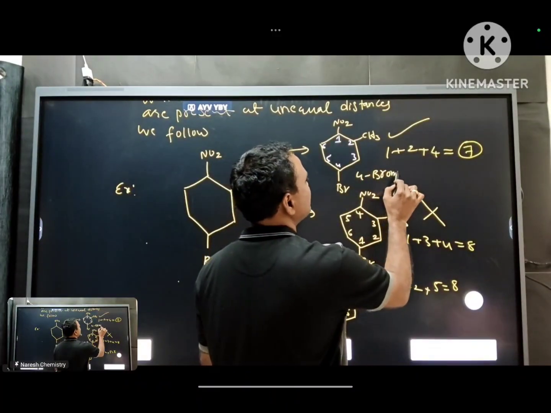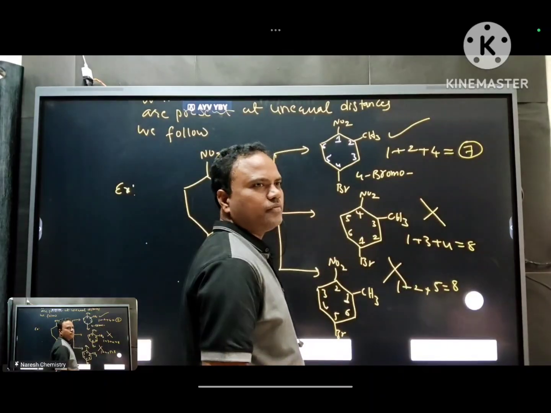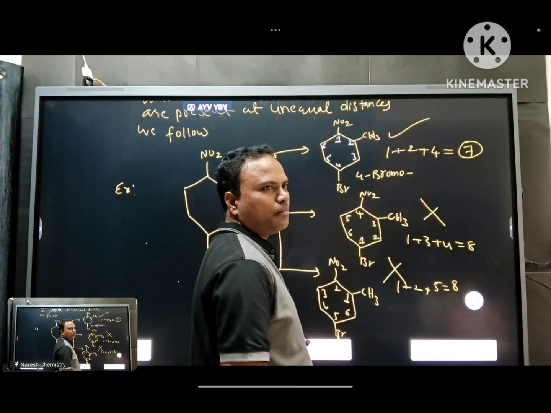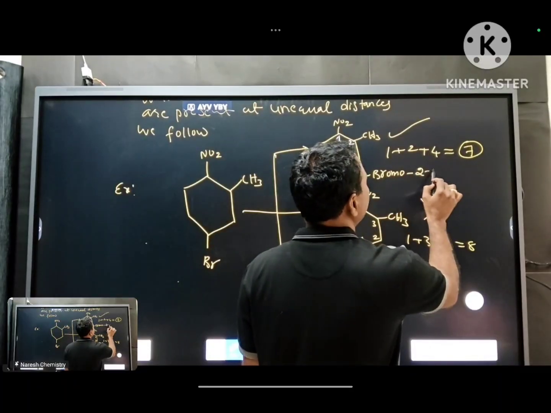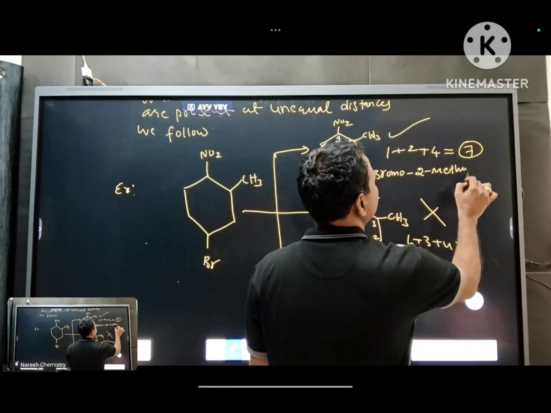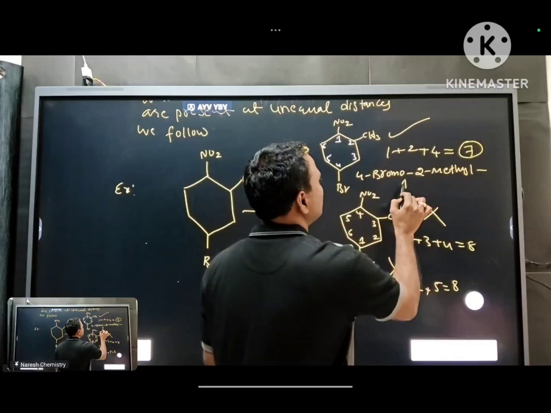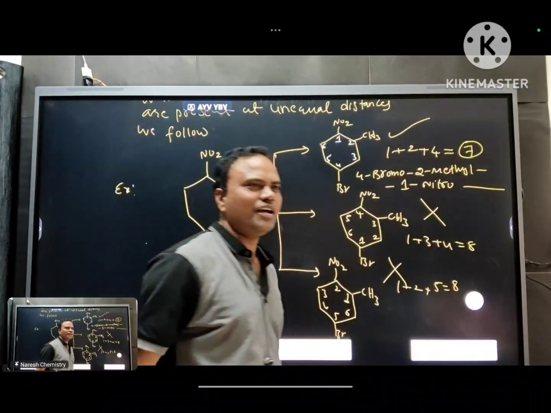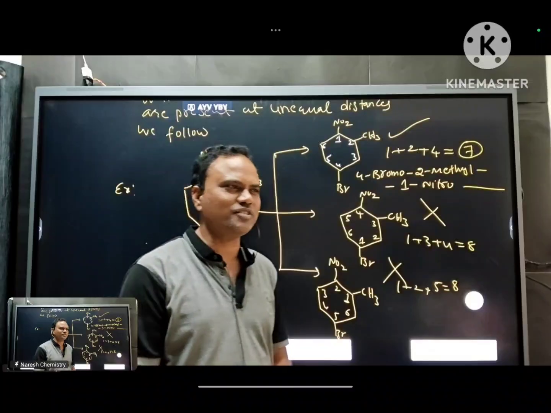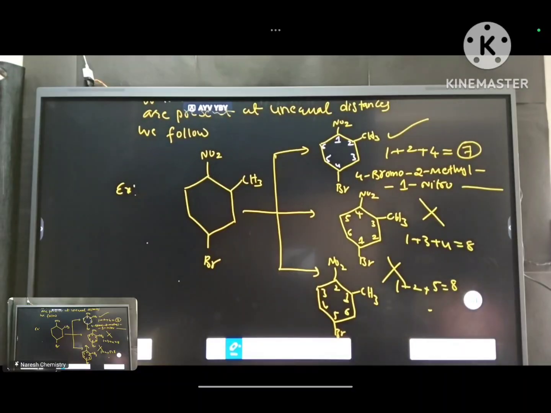Next, which letter comes first? K, L, M, N. Methyl, 2 methyl. 2 methyl and 1 nitro. 1 nitro dash. The dash we will discuss later. First rules.